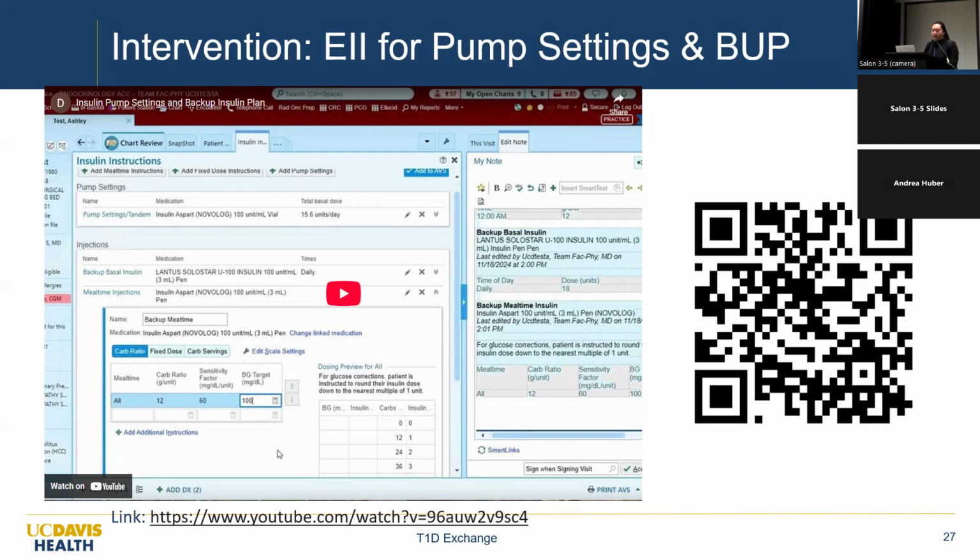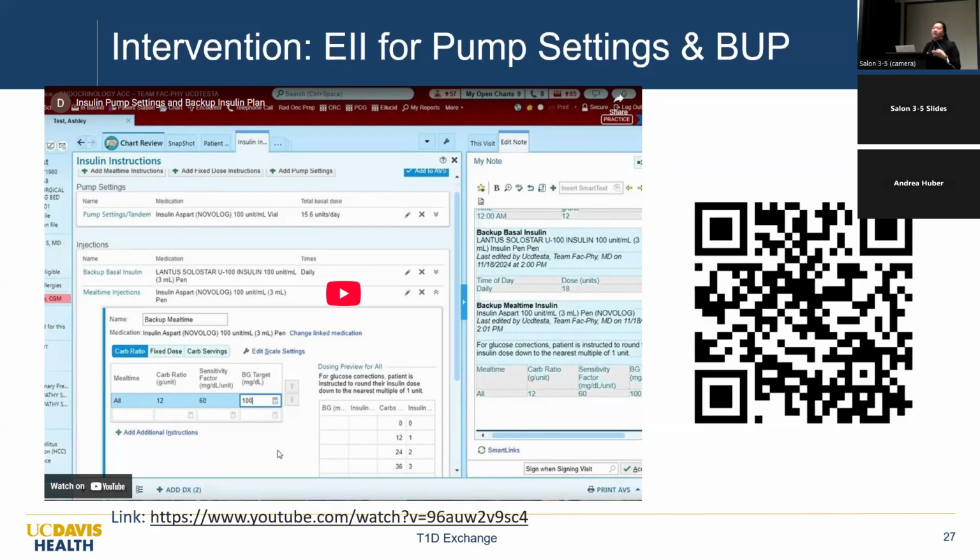This intervention included an instruction video made by our team, going over what insulin instructions was, how to find it, and how to use it. We won't show the whole video right now, but there's a QR code available if you were interested. The upshot is that insulin instructions is a feature you can find on the snapshot view or the medication orders tab in Epic.